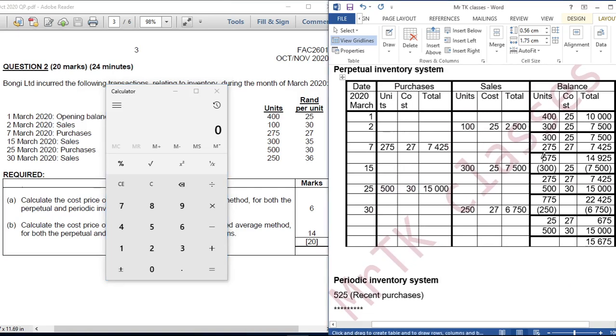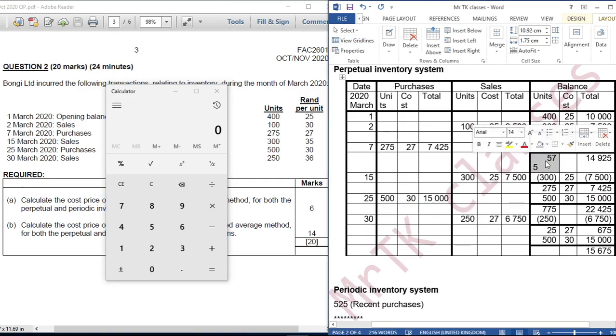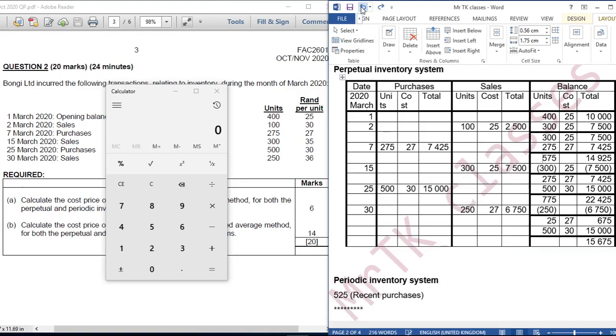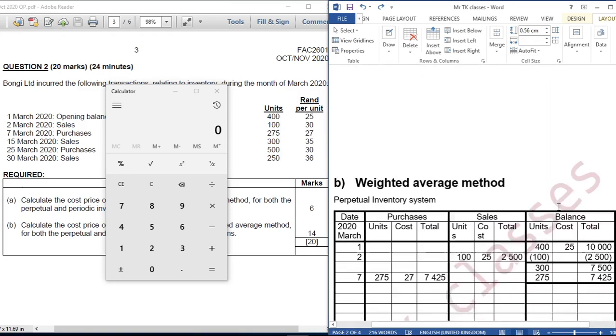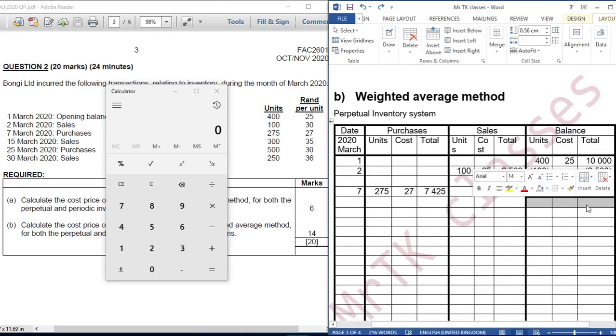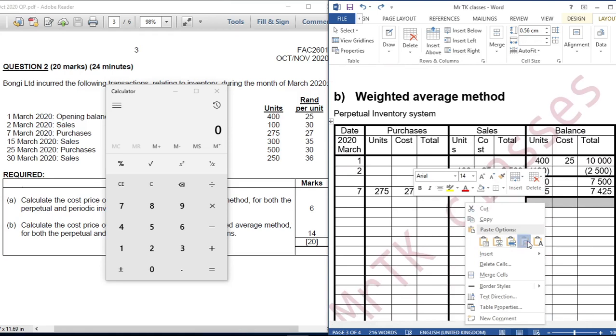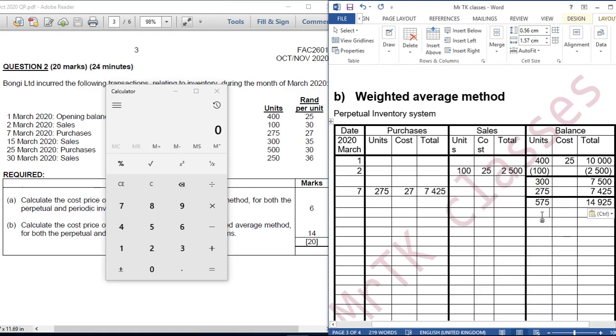Okay, so we are going to take both of these. We have already calculated them, so we are simply going to put them here. Okay, so now what we do when it comes to these methods, the difference now is here we calculate average cost price.